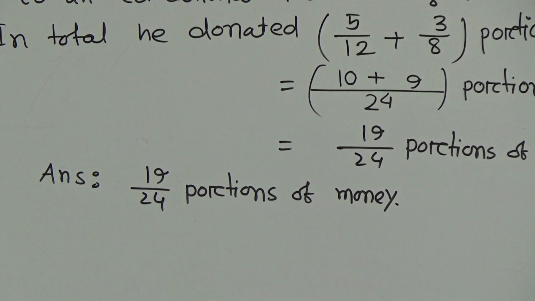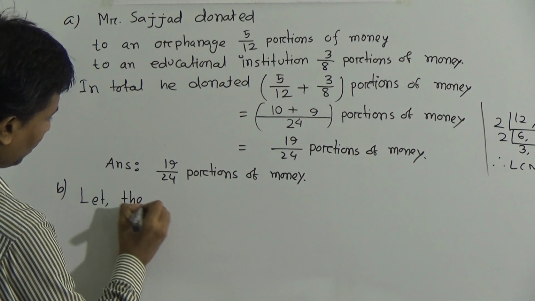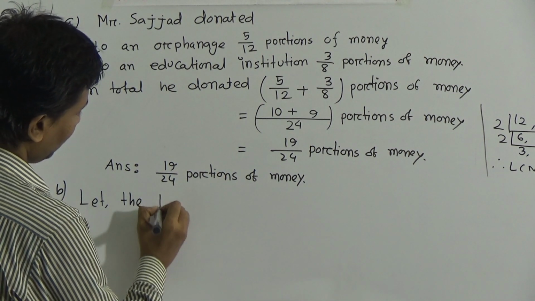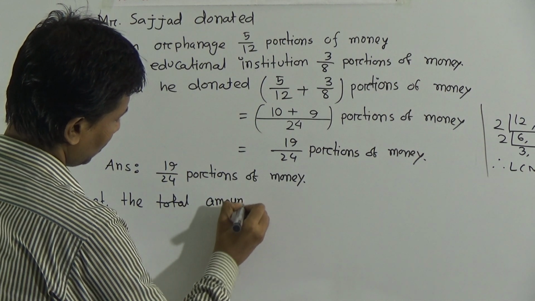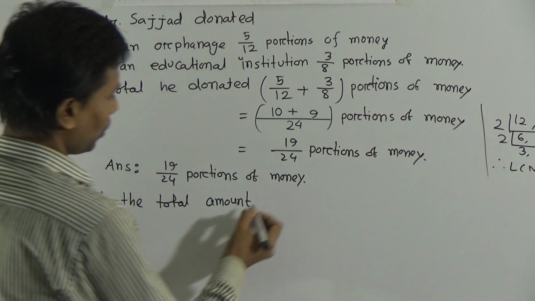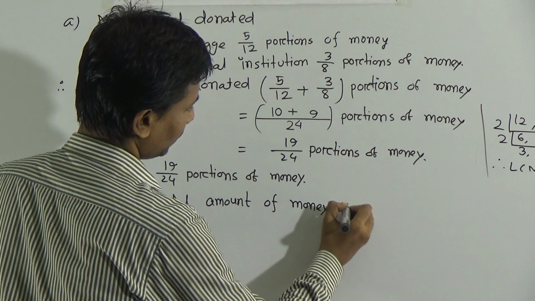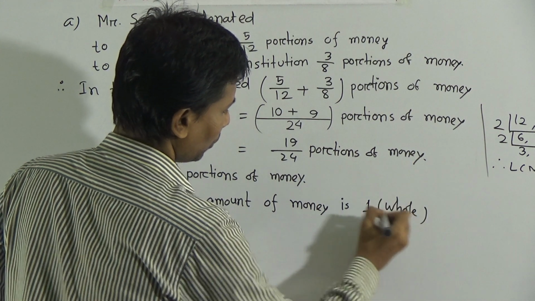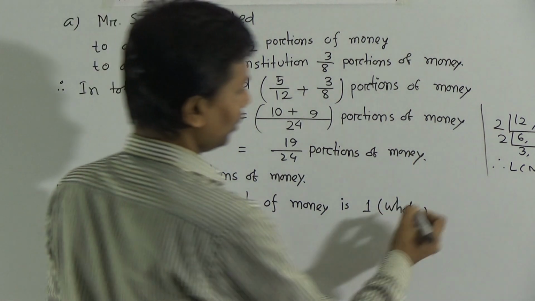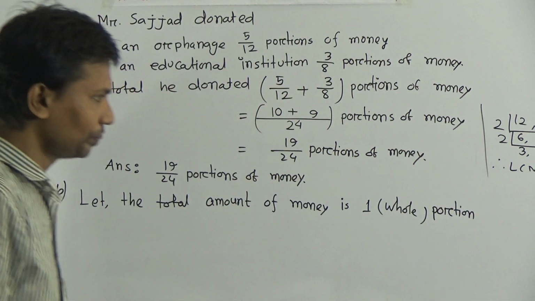Okay. Now you have to assume, let the total amount of money is 1 whole. Let the total amount of money is 1 whole portion. Okay.